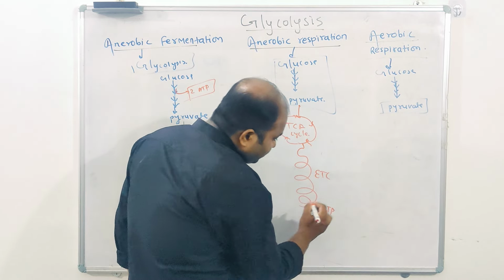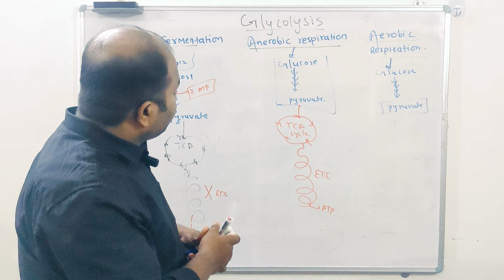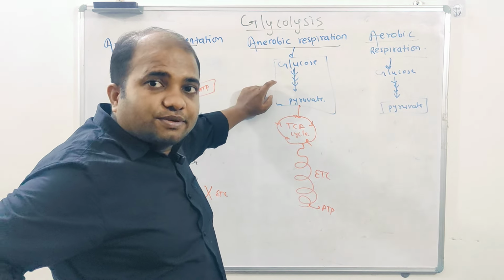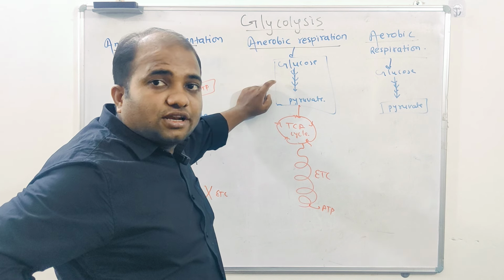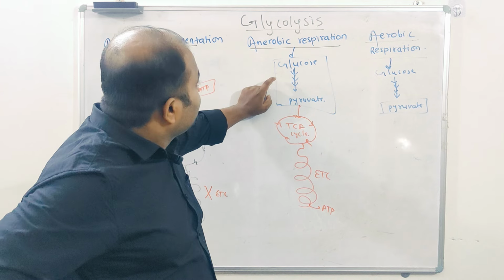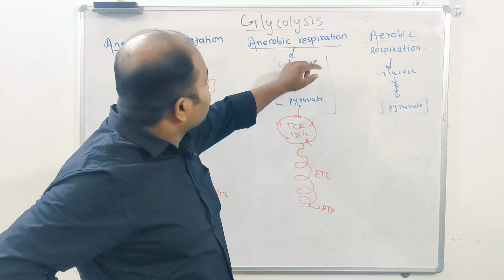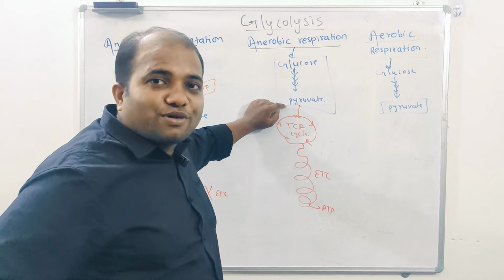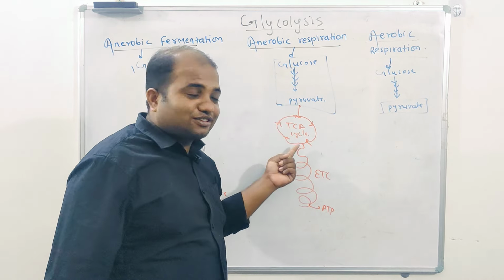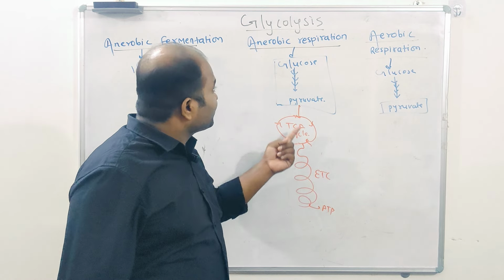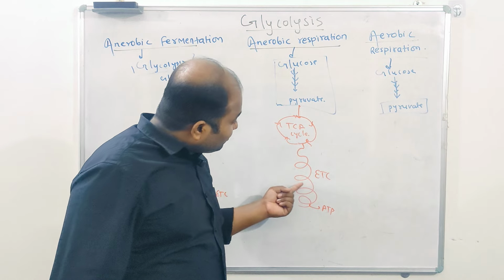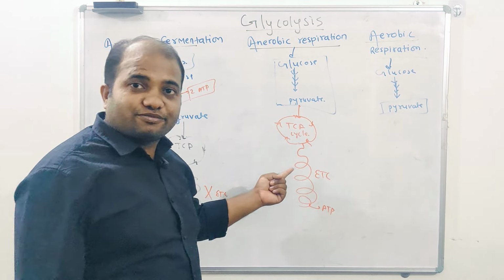But you have to understand here, I am not talking about anaerobic glycolysis. I am talking about anaerobic respiration. So in anaerobic respiration, glucose is first converted into pyruvate, and from pyruvate it runs into the TCA cycle, and the electrons produced in glycolysis and the TCA cycle will pass through the electron transport chain.